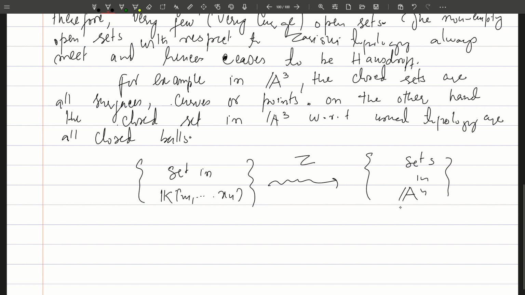So this is the function Z. We take a set S over here and we associate with S the zero set of S, which we call the algebraic set.